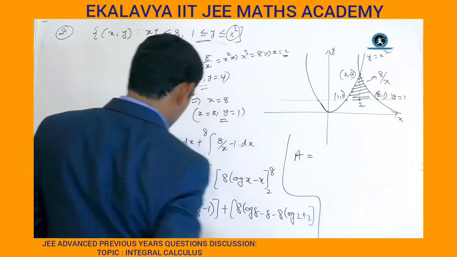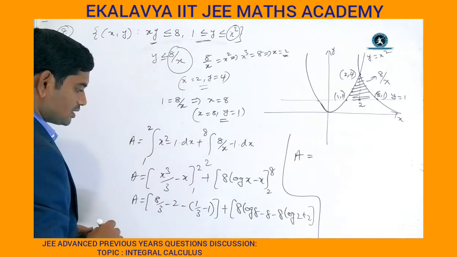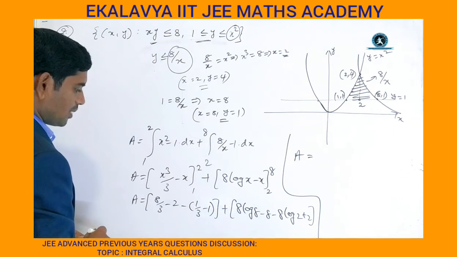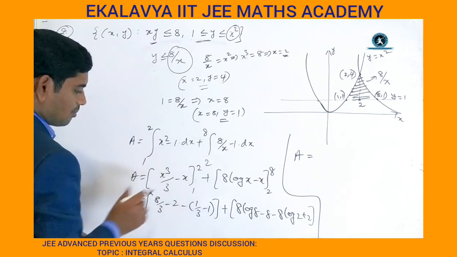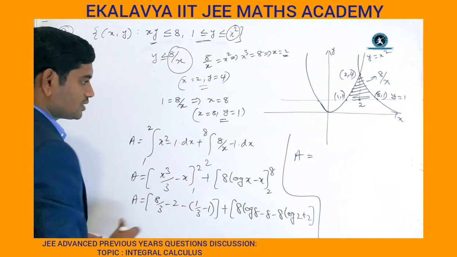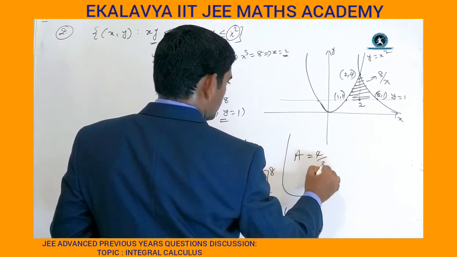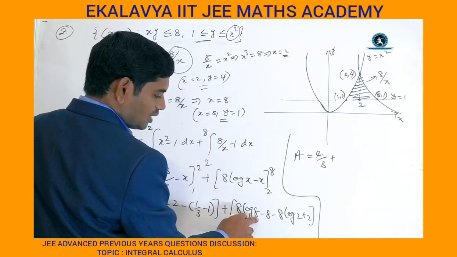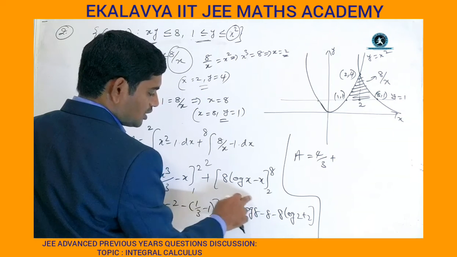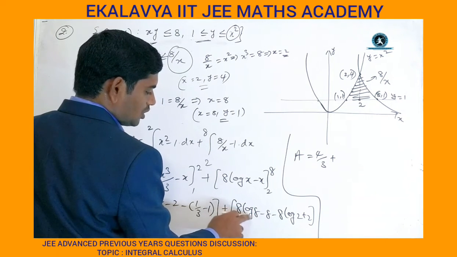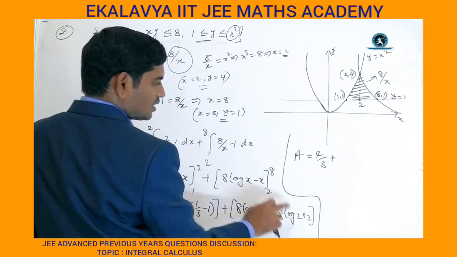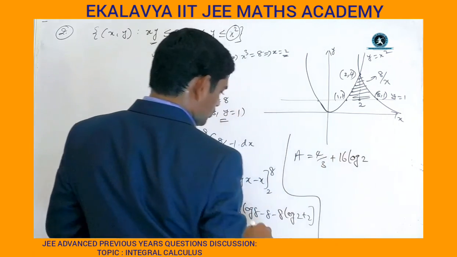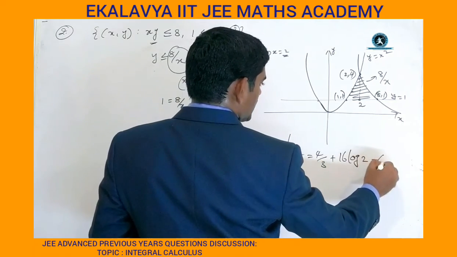Now we simplify this. Area is 8 by 3 minus 1 by 3, which is 7 by 3, and minus 2 plus 1, which is minus 1. 7 by 3 minus 1 is 4 by 3, plus 8 log 8. Log 8 we can write as 2 power 3, so taking 3 before the log, we get 24 log 2 minus 8 log 2, which is 16 log 2, and minus 8 plus 2 is minus 6.